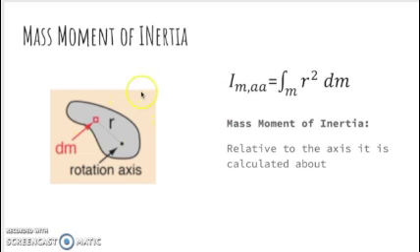To derive the equation for mass moment of inertia, we take the integral of r squared with respect to the mass differential. It is important to note that this value is relative to the axis it is calculated about, which means that if this rotational axis is positioned here or here, the value of mass moment of inertia will be different.